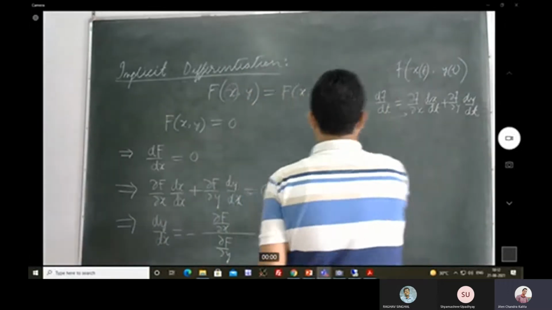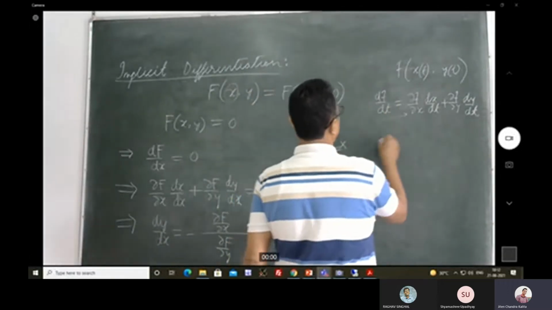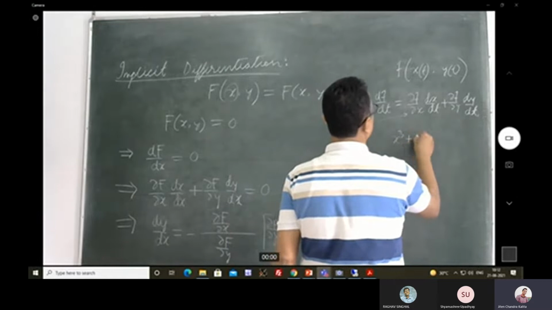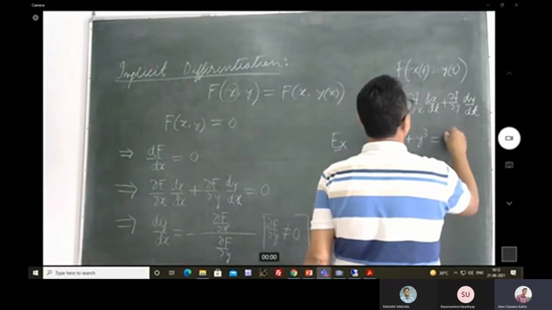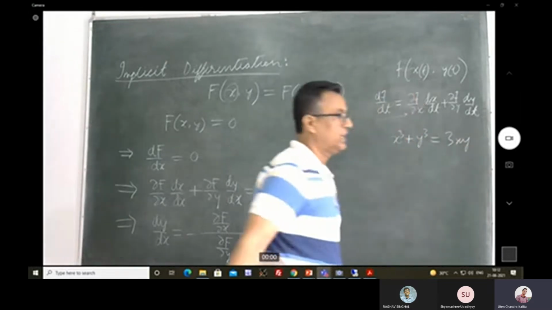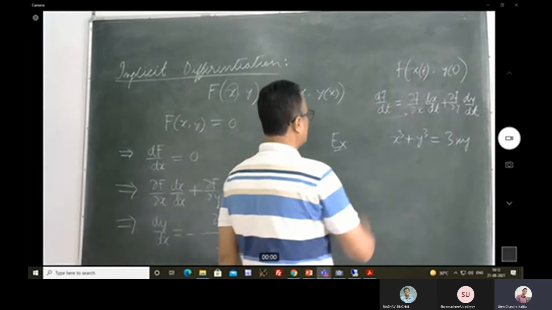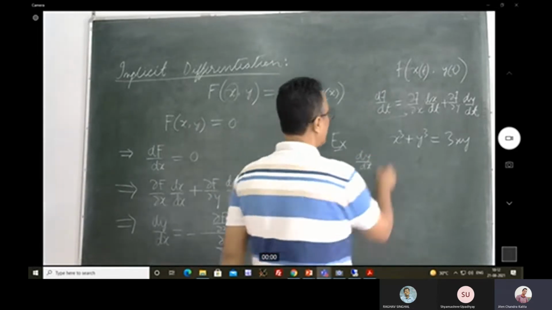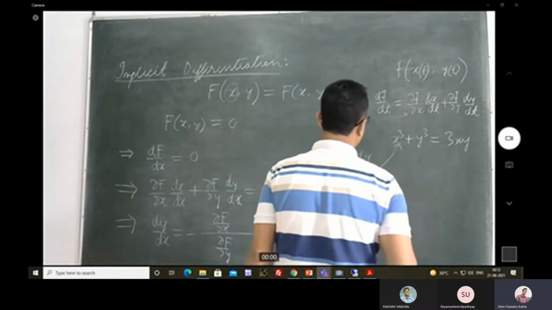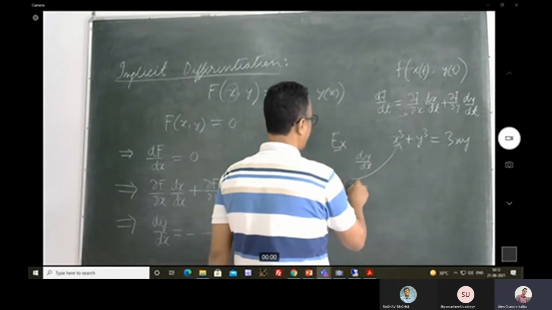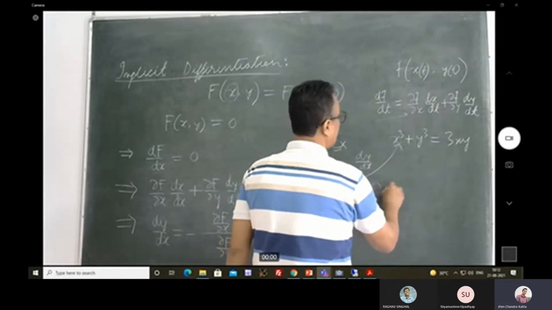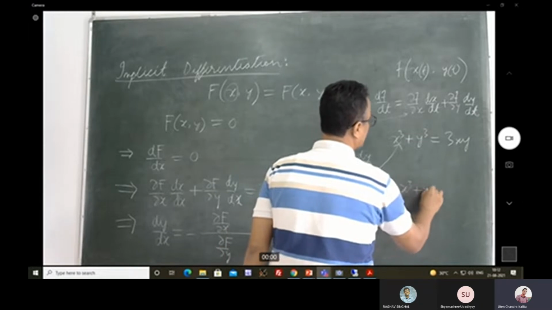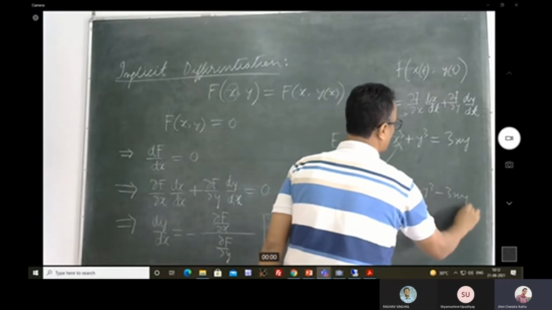Suppose I take this exercise. You have a relationship given by something like this, and you are told to find dy/dx. If I look at this expression, I can write it as F of x, y equal to x squared plus y squared minus 3xy.